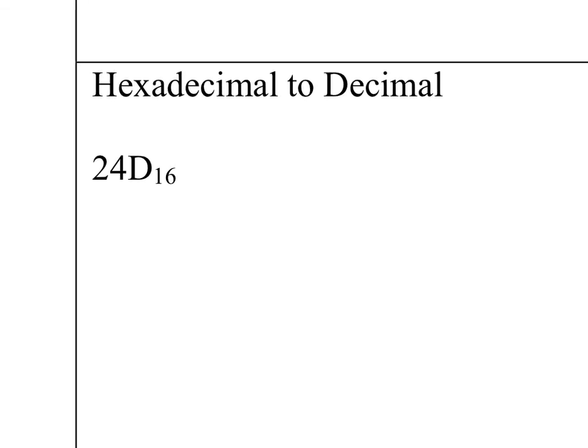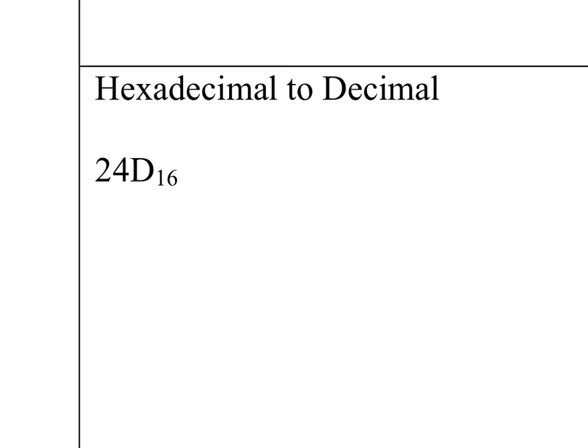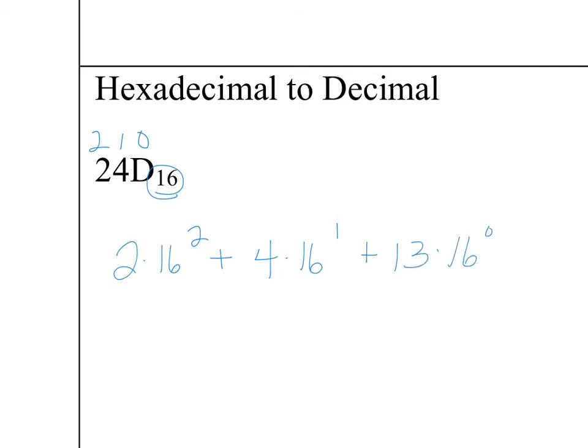And moving on. Hexadecimal. So again, here we go. We have position 0, 1, and 2. This is base 16, so that's the base we're using. So it's 2 times 16 squared plus 4 times 16 to the first plus D, and D is 13, times 16 to the 0.